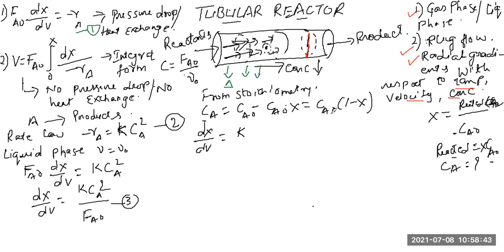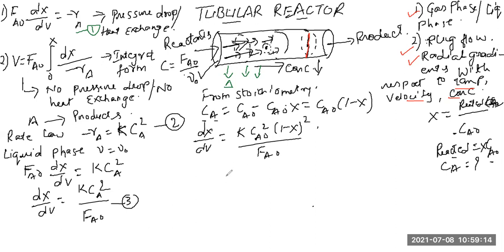So when you substitute Ca in this equation, it will become Ca0 square (1 minus x) whole square, divided by Fa0, right? And Fa, we know that Fa can be calculated from this formula, this molar flow rate divided by volumetric flow rate, right? We'll substitute that as well.